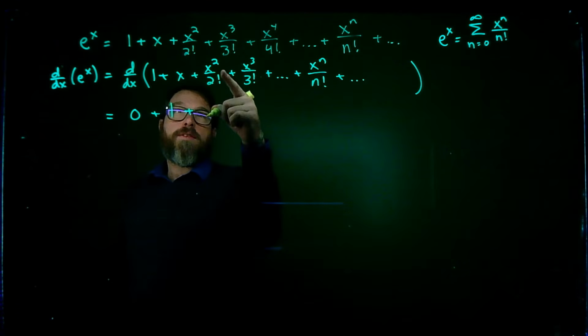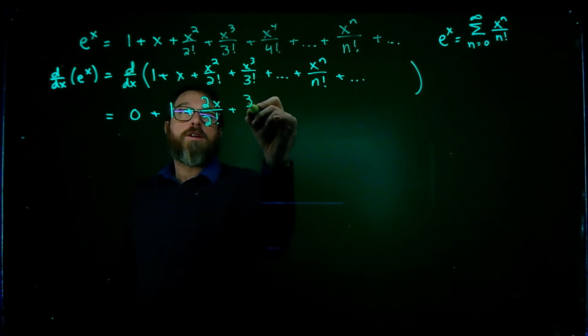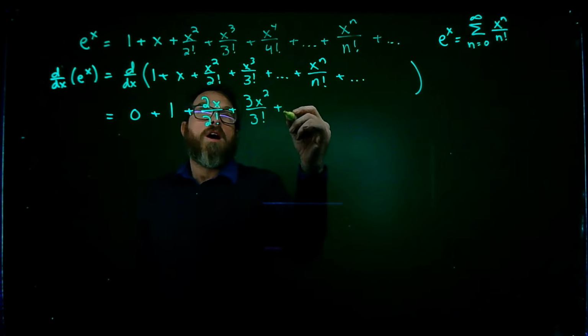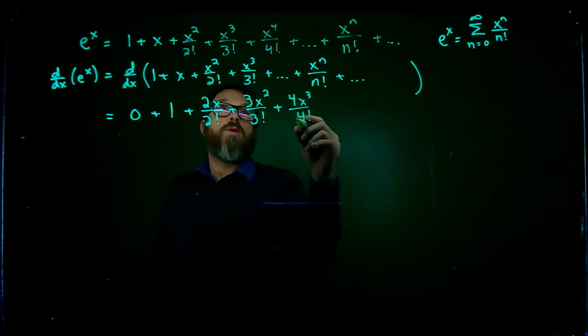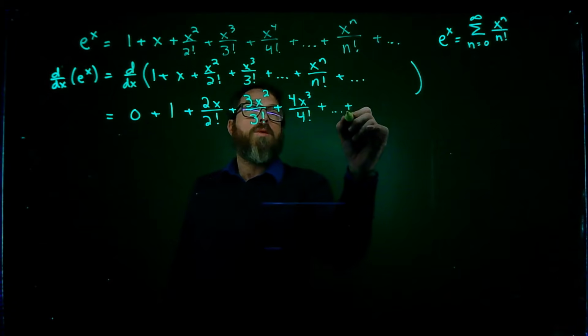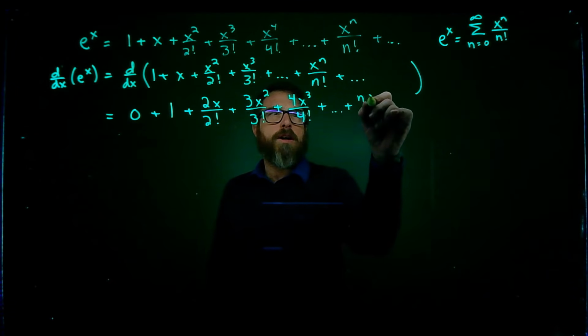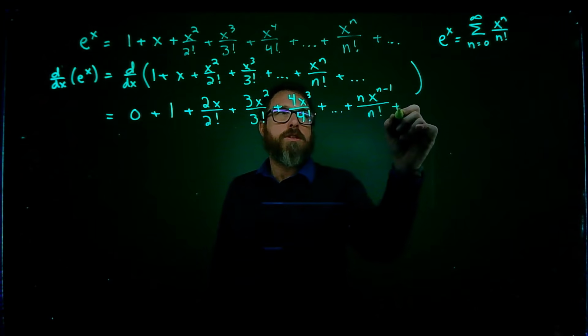The power is going to go in front, so this is going to be 2x all over 2 factorial plus 3x squared over 3 factorial plus 4x cubed over 4 factorial, plus, for the nth term, the n is going to go in front. This is going to be n times x to the n minus 1 all over n factorial, plus and so on.